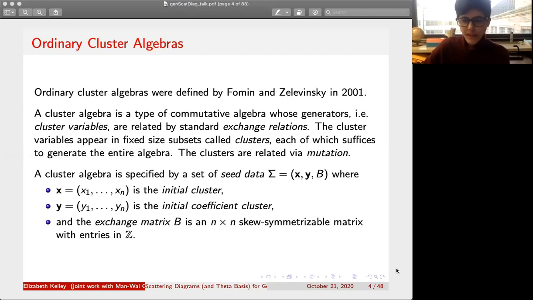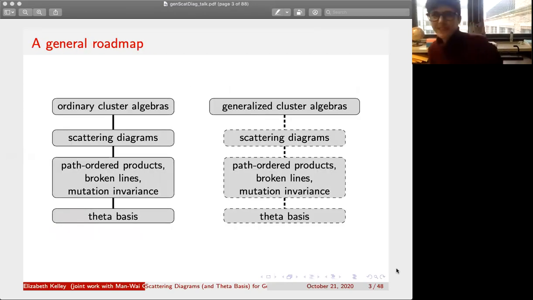And I guess maybe before I start with the scary slides, I will say that a lot of these slides have what look like intense or large technical definitions on them. In some sense, I think I'm legally obligated to show you these technical definitions so that you can't walk away and say, well, Elizabeth never actually wrote down a definition of a cluster algebra, what the heck?